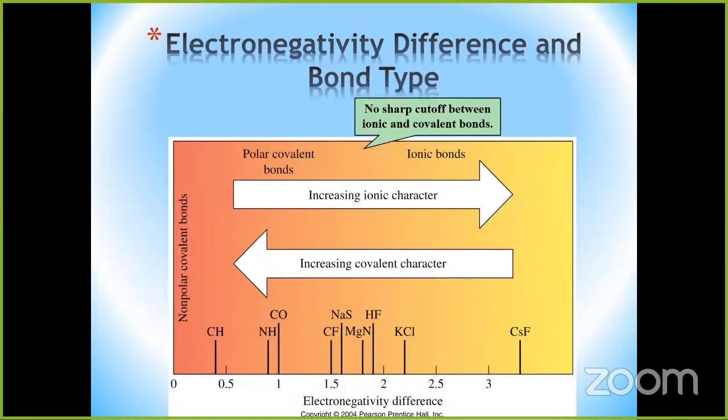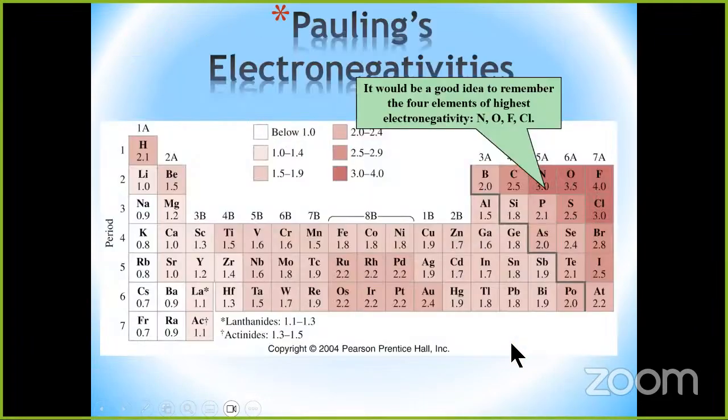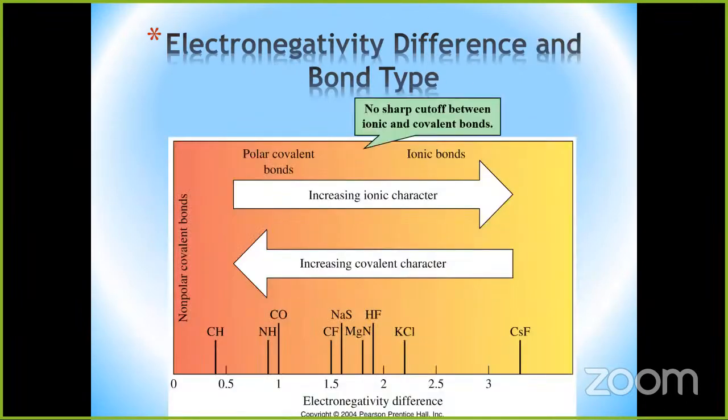And when you get to something like cesium fluoride, cesium is 0.7 and fluorine is 4. So 4 minus 0.7 is 3.3. That's definitely different, a difference of more significance compared to the others we saw before. So the bond between cesium and fluorine would be considered ionic.